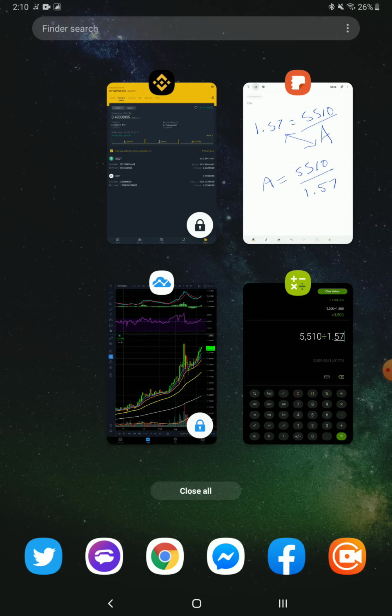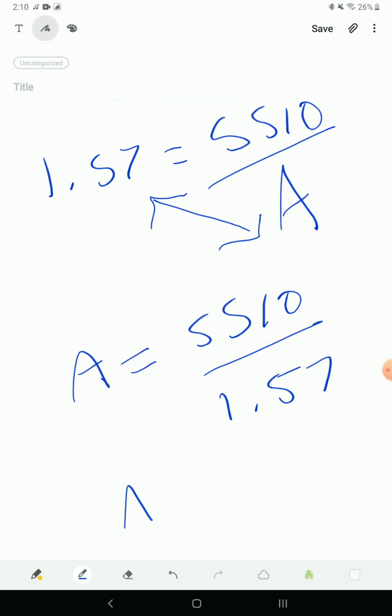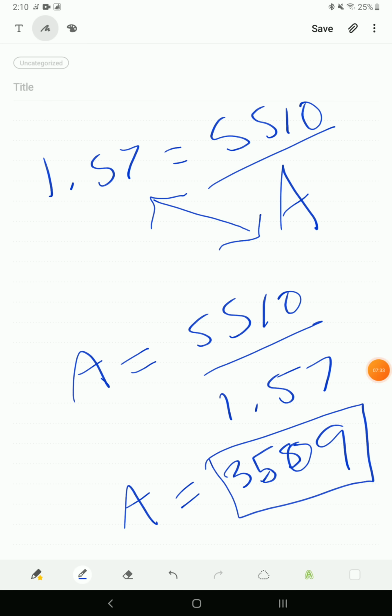That number is equal to 3509, okay? And A is equal to 3509. So this number right here will basically refer to when you can get liquidated. I'll show you guys the breakdown of this particular number.